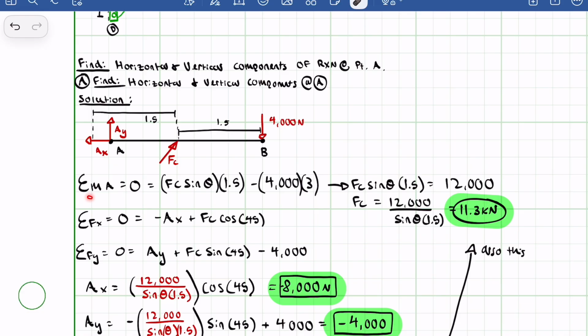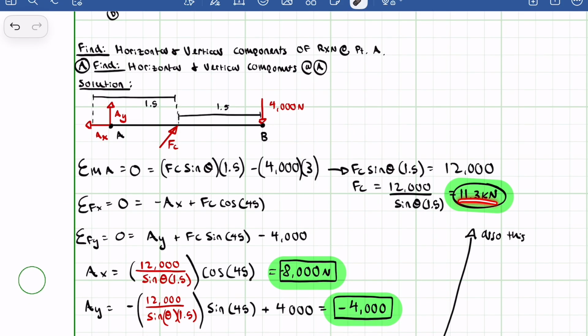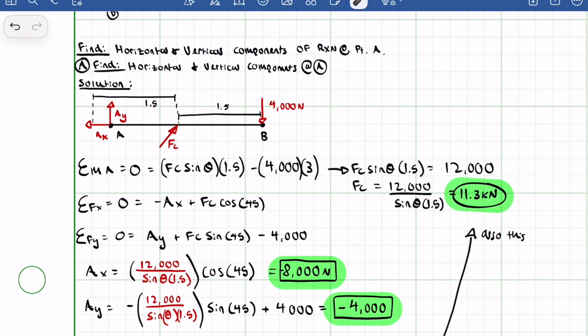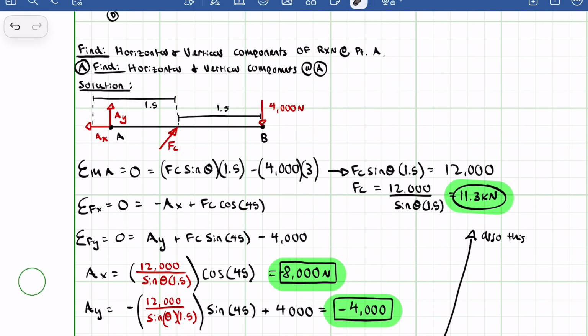And giving this whole equation, we can solve this out for FC, right? FC shows up in both the moment and the horizontal and vertical component forces, right? So we took 11.3 thousand newtons, and we set up our system of equations for the horizontal and the vertical components, right?